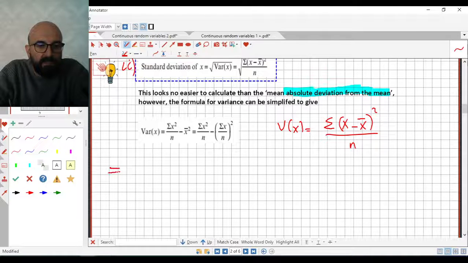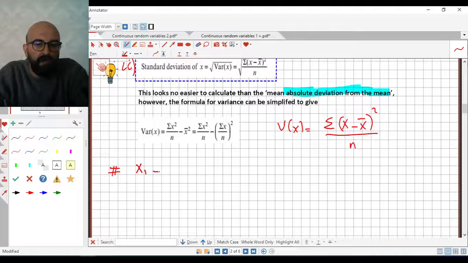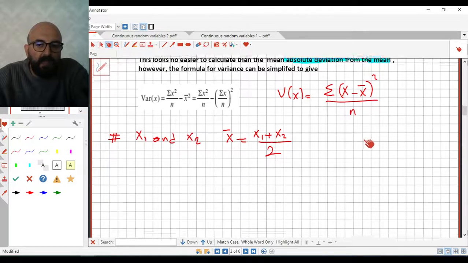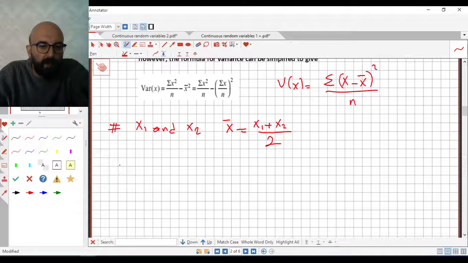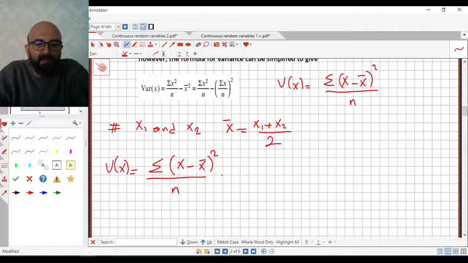And please imagine that we have only two data, x1 and x2. For example, our mean is (x1 plus x2) over 2. And the variance is the sum of (x minus mean) squared over n.